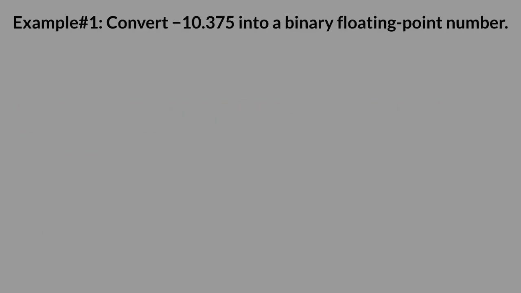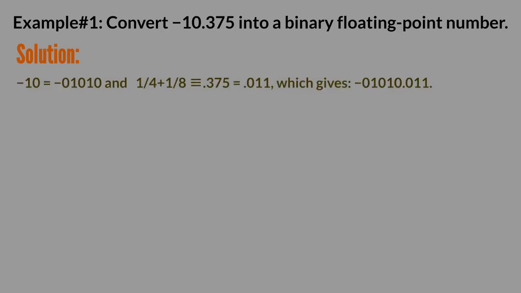Let's see another example of converting a negative decimal number into a binary floating point number. The question is, convert -10.375 into a binary floating point number. Since decimal 10 is equal to 1010 and 0.375 is equal to 0.011, this gives 01010.011.